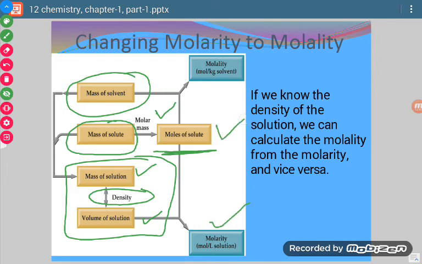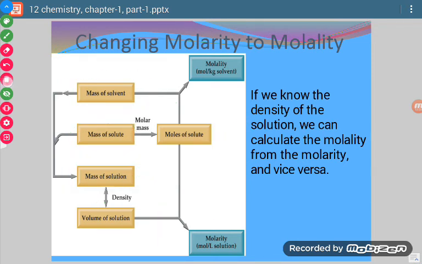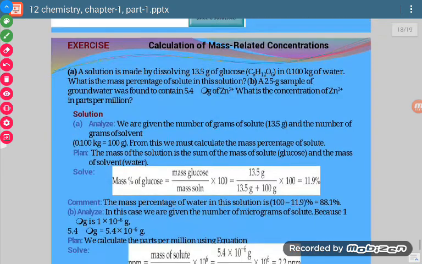Number of moles divided by volume of solution, and for molality, number of moles divided by mass of solvent. So both can be easily calculated.